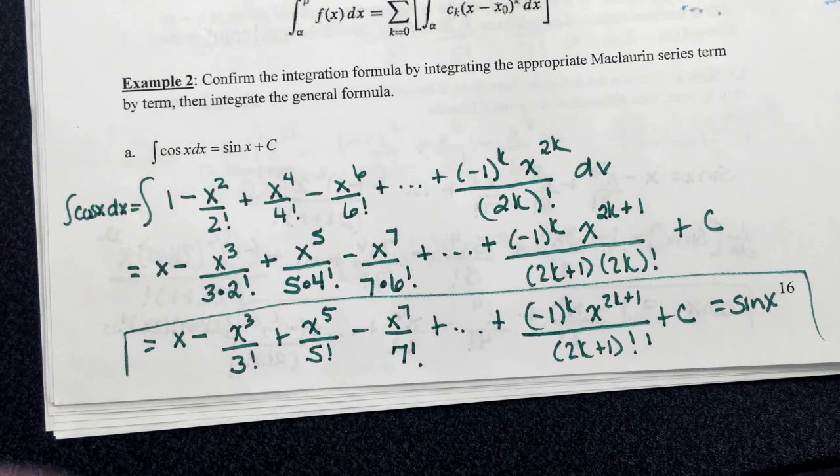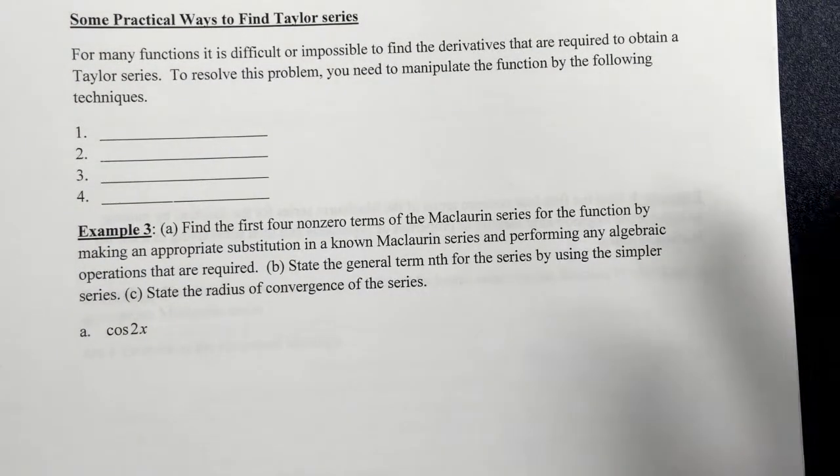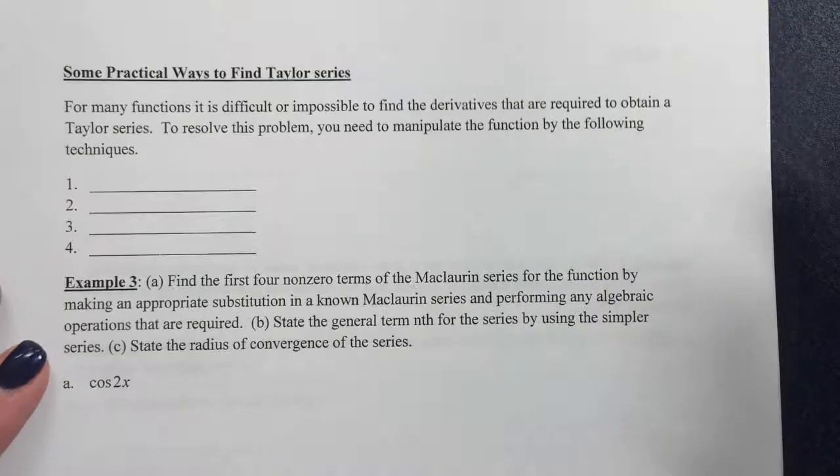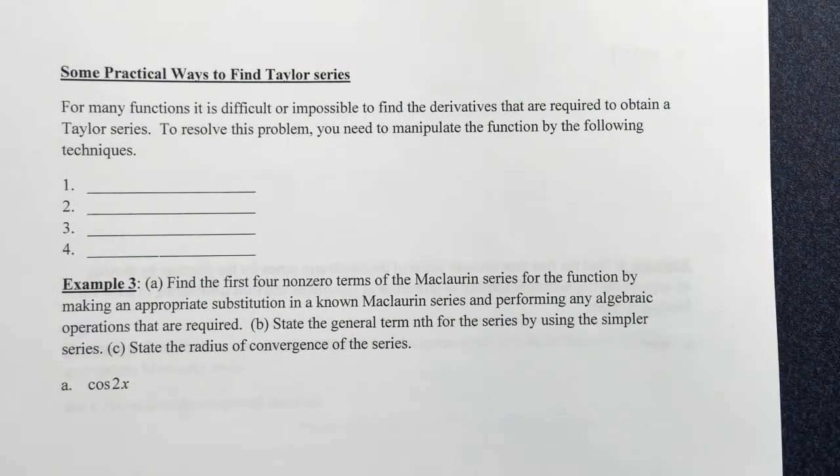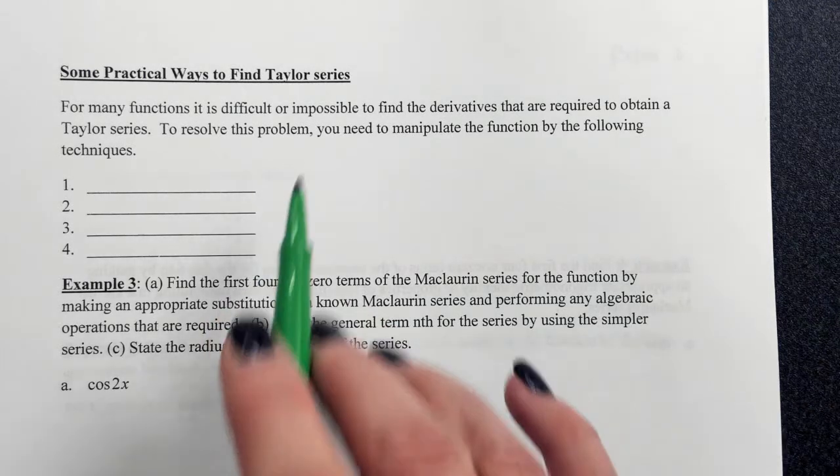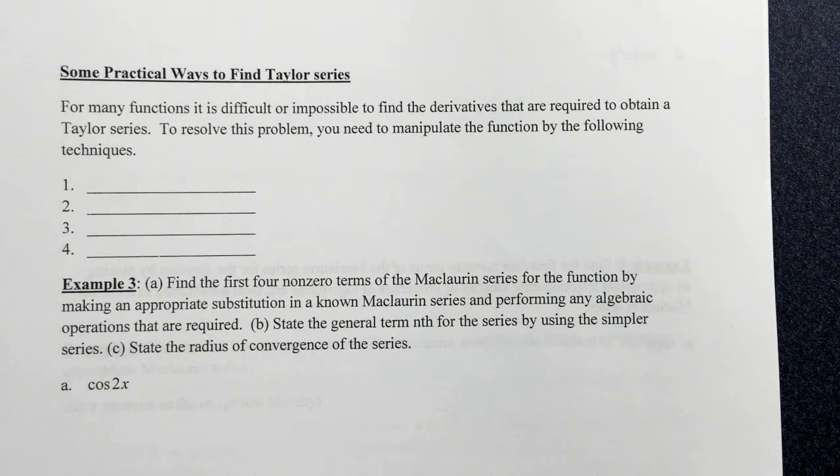So now, we'll come back to part B. Let's take a look at, because this is what your homework's going to be about tonight, this example 3. Another way to find Taylor series is, sometimes it's difficult or impossible to find the derivatives that are required to obtain a Taylor series.